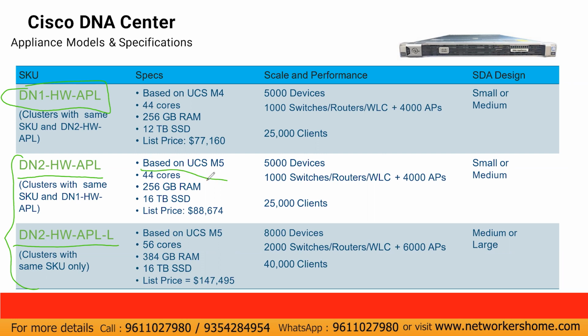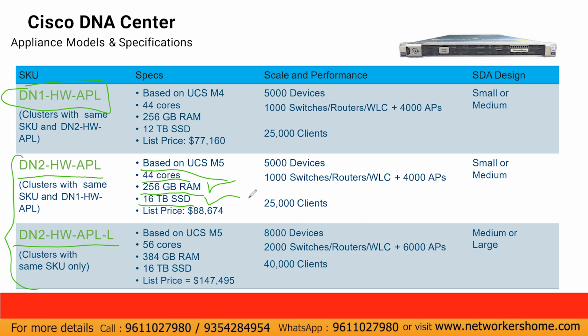The specifications are quite high because the DNA Center application is very heavy to run. By giving a restart, the application needs at least 15 to 20 minutes for the GUI to initialize. You can see the specifications. It has 256 GB RAM and, sorry, not GB, 16 TB SSD.